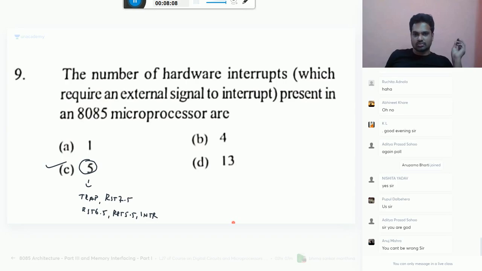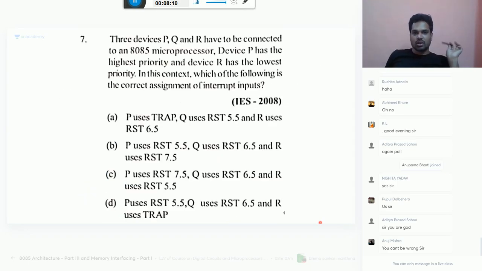Okay, read this question. Three devices P, Q, R have to be connected to 8085. Device P is the high priority and device R is the least priority. In this construct, what is the correct assignment? Okay, shall we start?